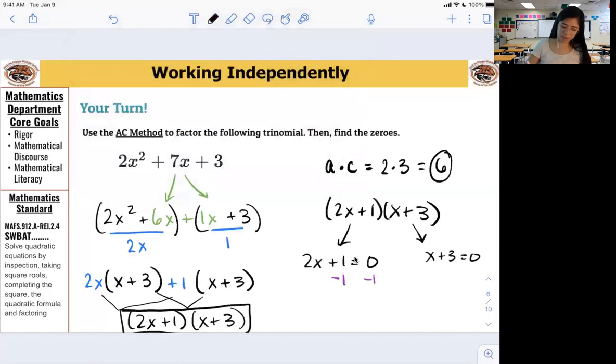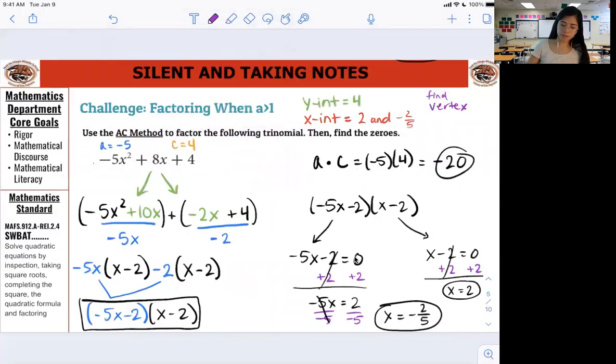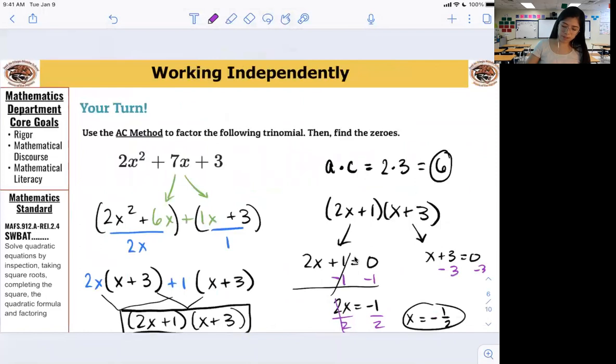That leaves me with 2x equals negative 1. Now I divide both sides by 2. So I get x equals negative 1/2. And on the other hand, I subtract 3. So I got x equals negative 3.